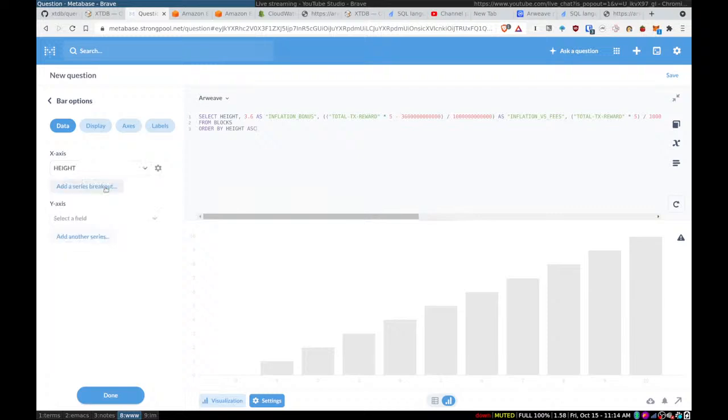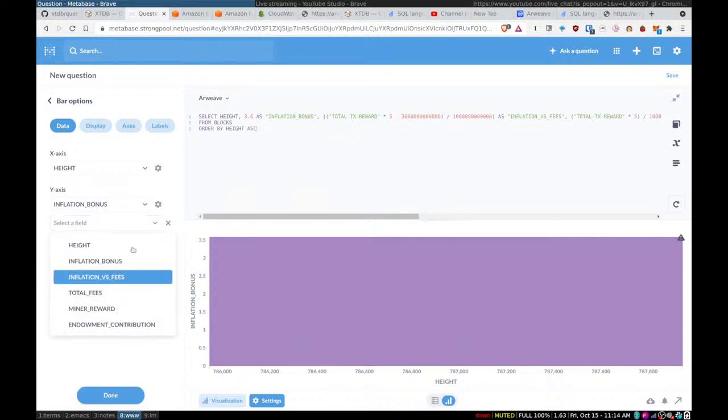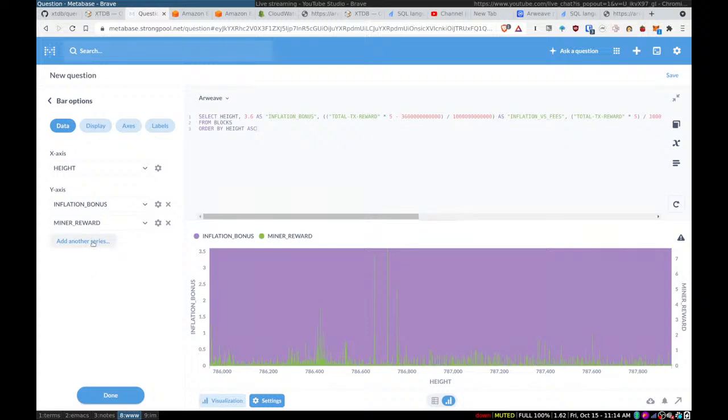So height on the X and on the Y, we want... Sure, I'll do this as if this is the final. I mean, inflation bonus is just a constant in this query, but it will be replaced by a real thing in the future. Miner reward and endowment contribution.